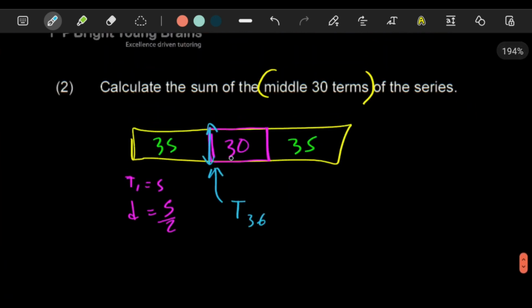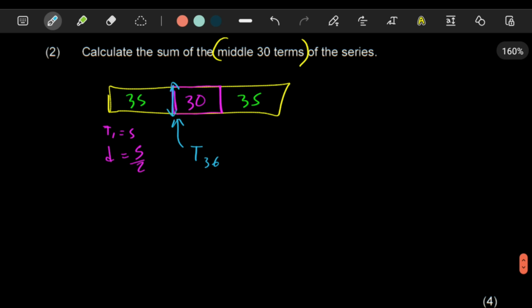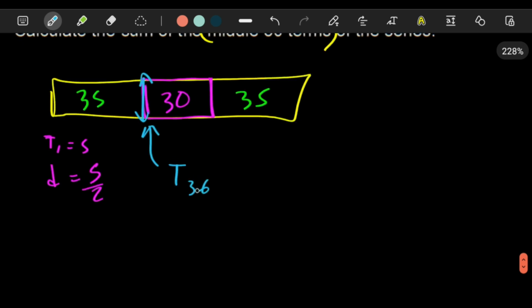So if you're going to work out the sum of the 30 in the middle, you want to work out the sum of terms starting from term number 36 until 30 terms forward, which is 35 plus 30.